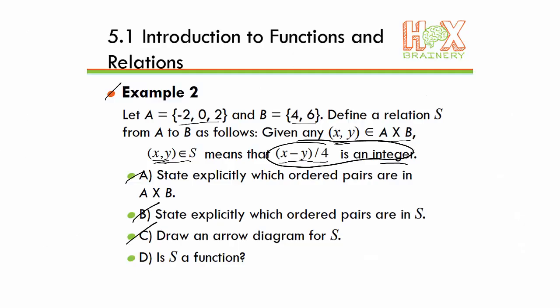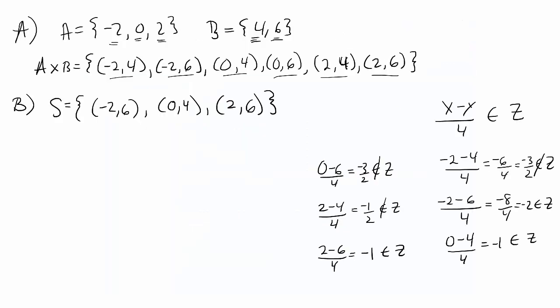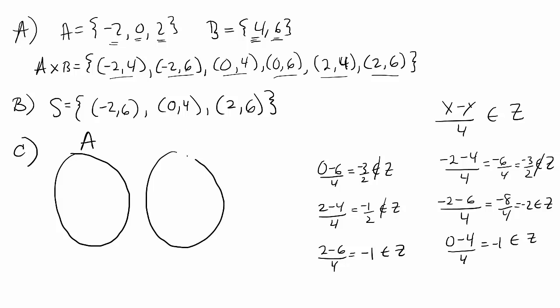Part C, draw an arrow diagram for S. So here we have set A, and here we have set B. This is relation S going from A to B. A contains -2, 0, and 2, and B contains 4 and 6.